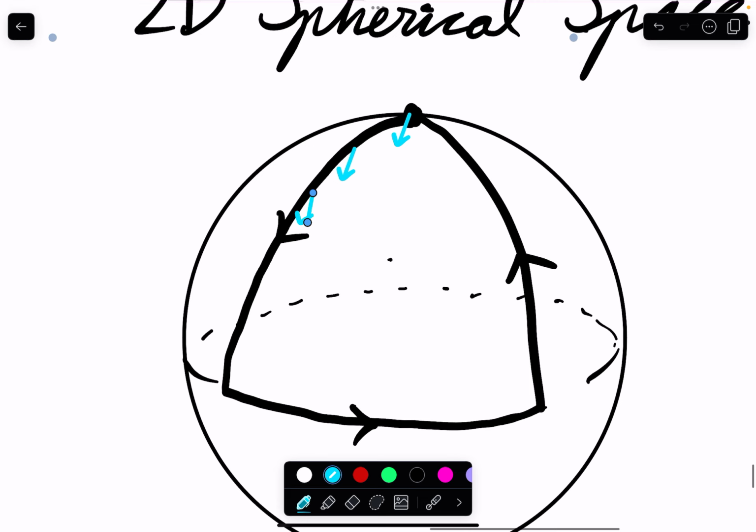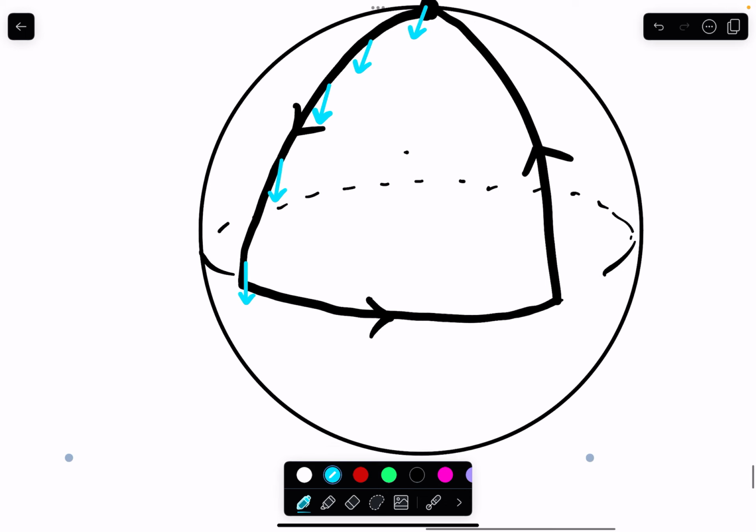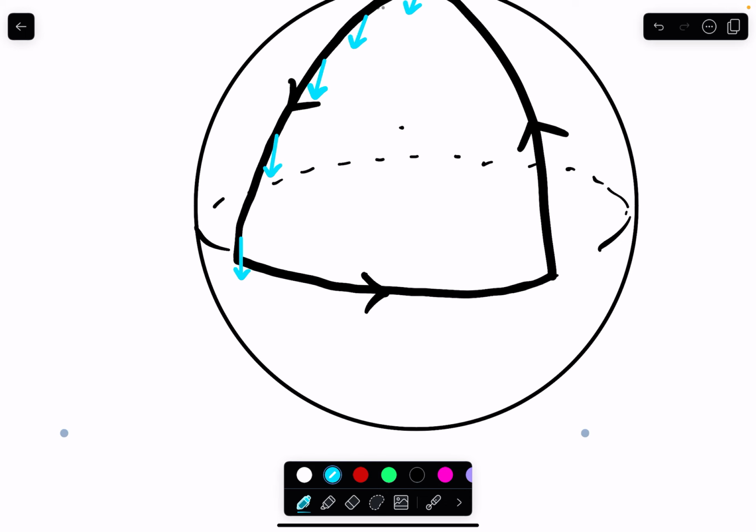Turn a little bit. And it's going to be like this. And then as it's transported along here, it's going to be like that.